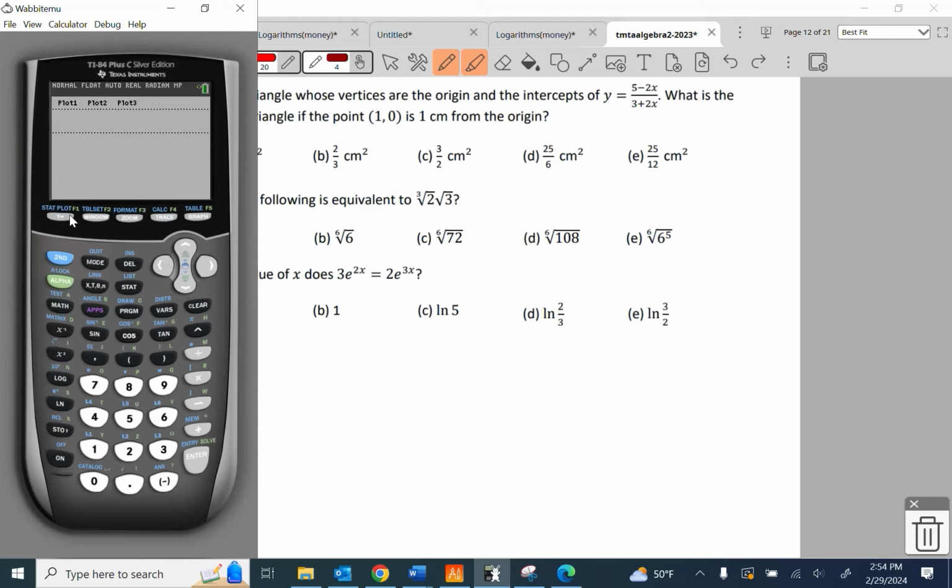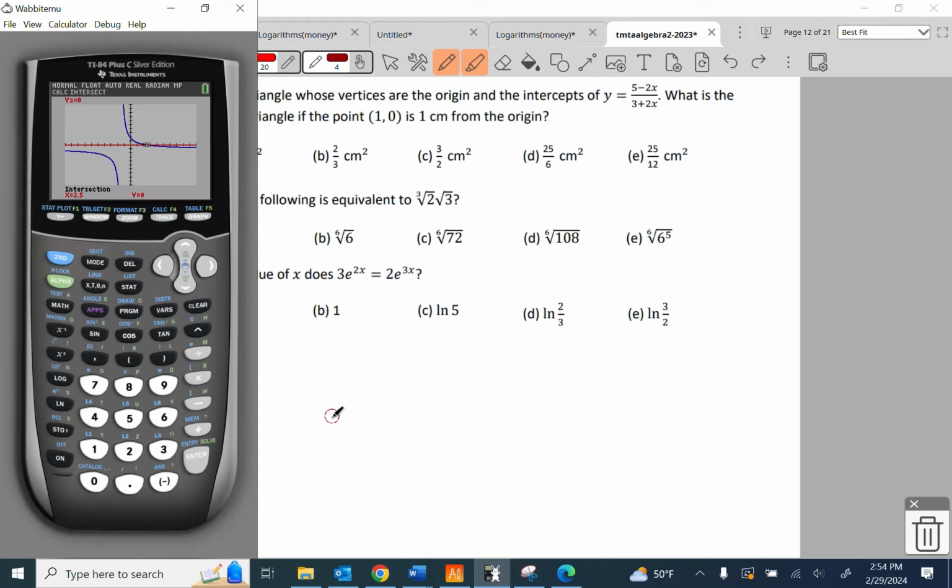I need the x-axis drawn. Second trace, 5 for intersect, because I need that intersection. Enter, enter, enter. 2.5.